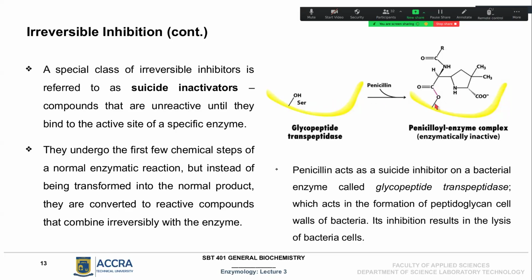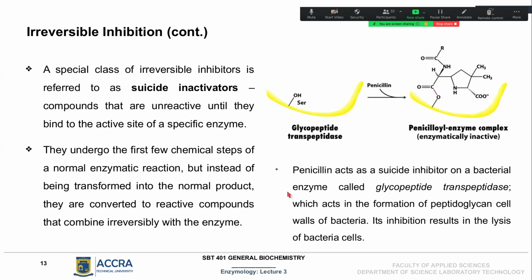It's synthesis. And what is synthesis? Synthesis is anabolism. It's a build-up of bigger molecules from smaller ones, which is referred to as synthesis in metabolism. So you see that happening with the activity of penicillin.